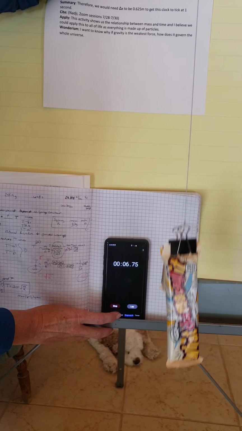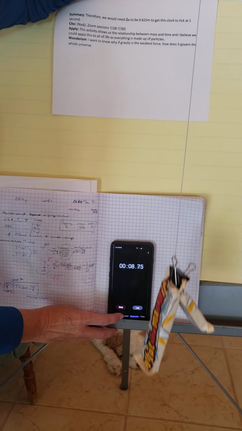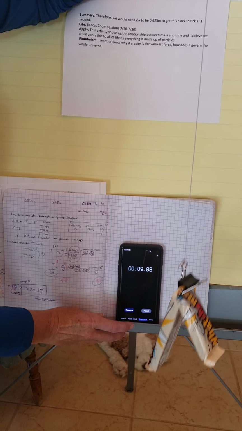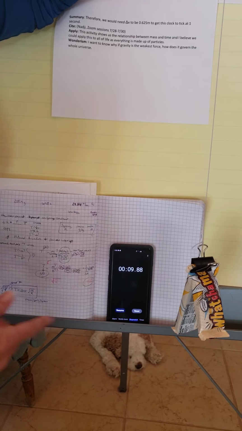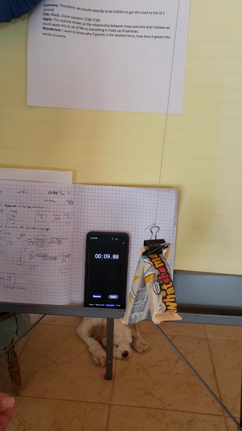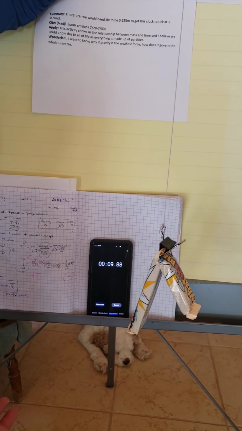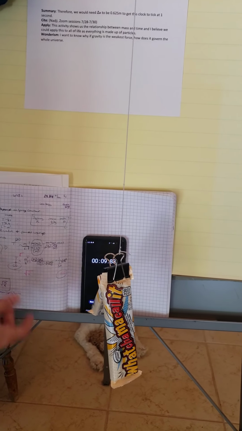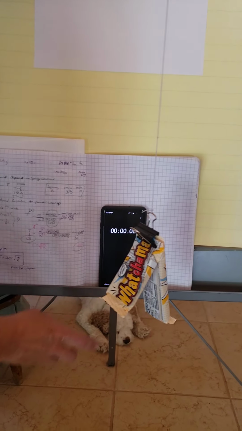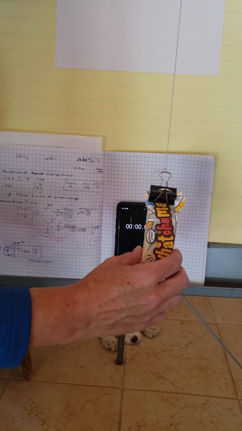Six, 7, 8, 9, 10. And so I came to 0.988 seconds, which is pretty darn close, but I want to try it one more time because through class I found that if we do it a couple times, then we get better results.